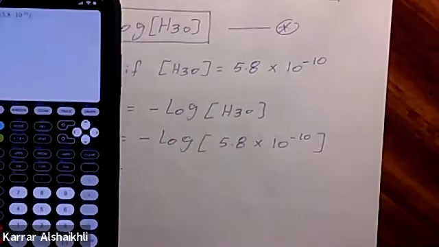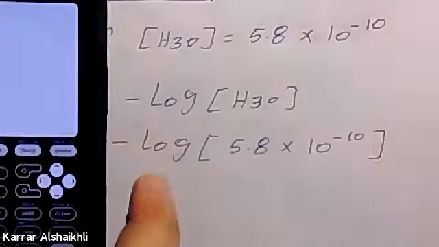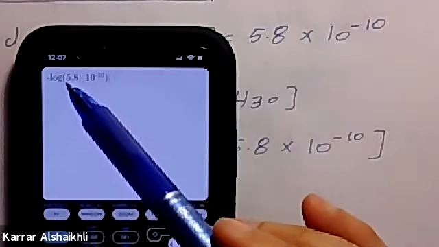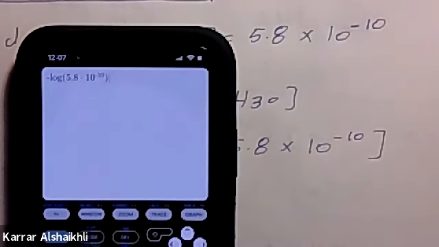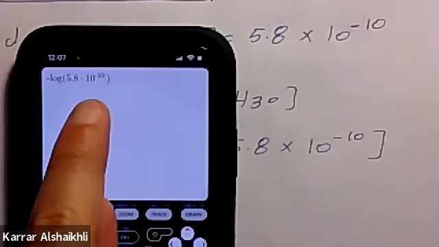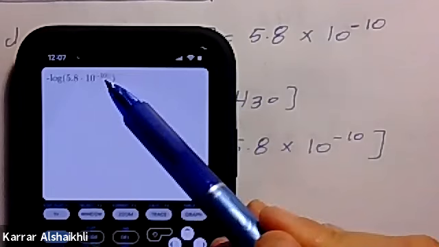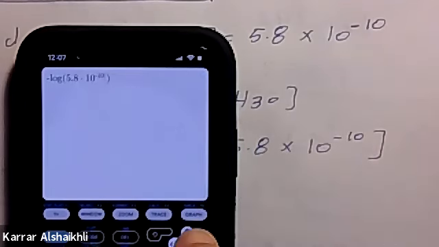So here's the thing, be careful when using the calculator. Log, here's the negative sign, log 5.8 times 10 to the negative 10. Even when you close the parentheses, make sure, because you write down the exponents, if you press parentheses, the parentheses is going to be here. Make sure to go down and close the parentheses.